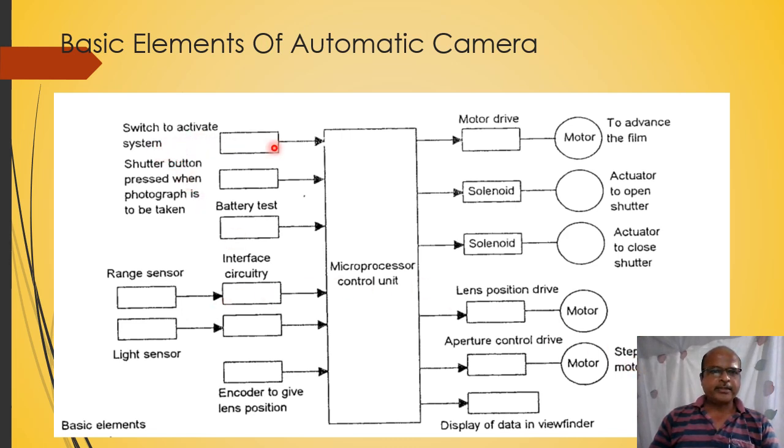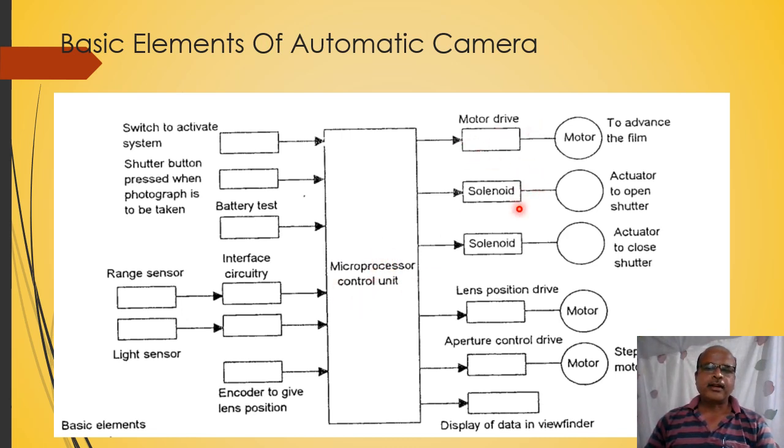Switch to activate the system. Shutter button pressed when a photograph is to be taken. Then battery. Then interface circuitry is there. Range sensors, n number of sensors, light sensors, encoder to give lens positions. Then the microprocessor control unit is as shown in this figure.